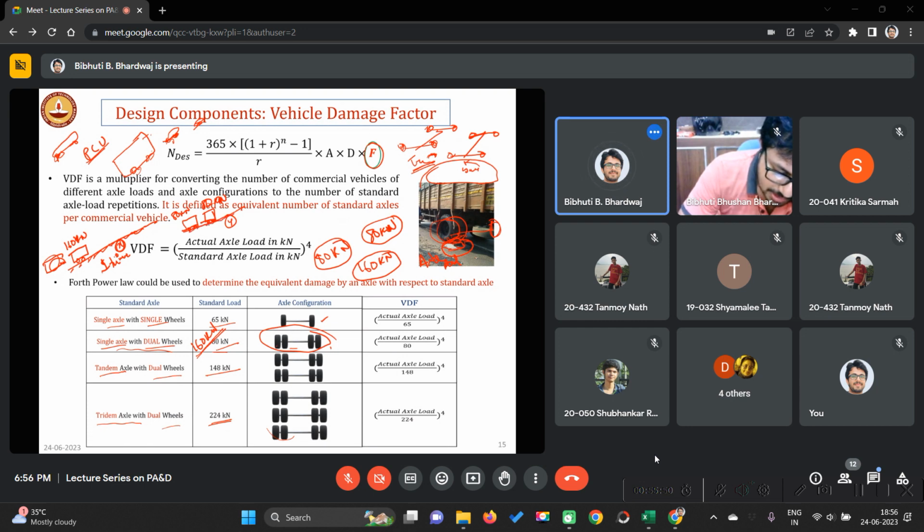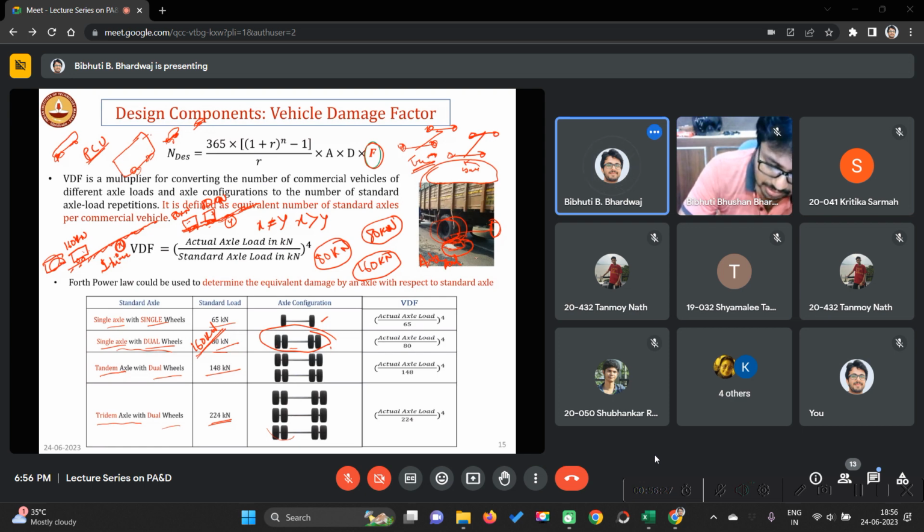The damage that is caused by these two vehicles will be say Y. And I am saying that X is not equal to Y. Now I am giving you one clue that the damage caused by this 160 kilonewton vehicle will be more, that means X will be greater than Y, compared to two vehicles with half of its load.